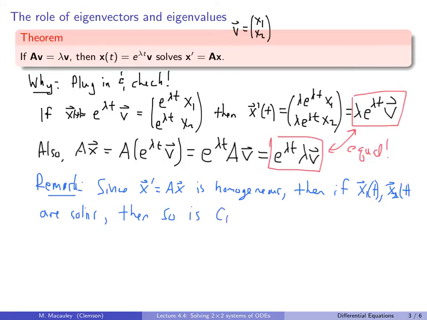So is c1 x1, I'm going to omit the of t, plus c2 x2. You can think of this as superposition.